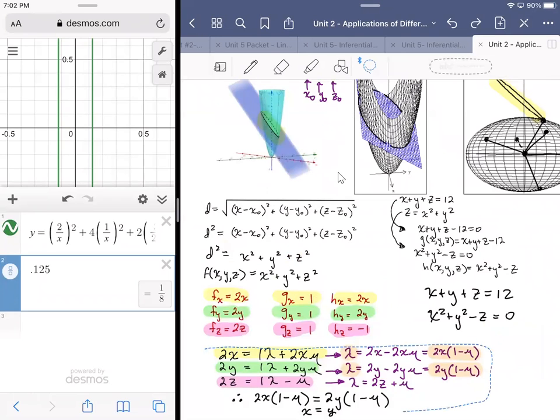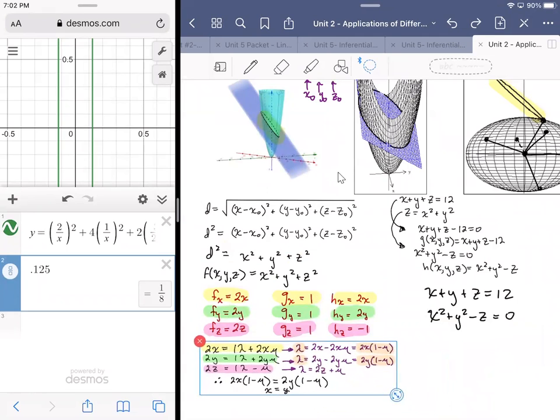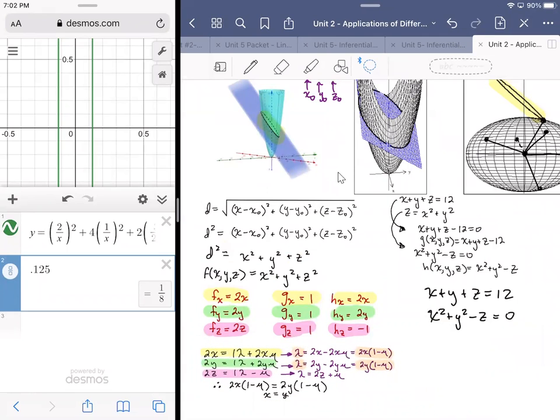It took something that was going to involve a lot more work and made it one step closer to the same, I suppose. So now I can replace one of the two variables, either x or y, with the other. I'm going to keep x and get rid of y. So it'll be x plus x plus z equals 12, and x squared plus x squared minus z equals 0.